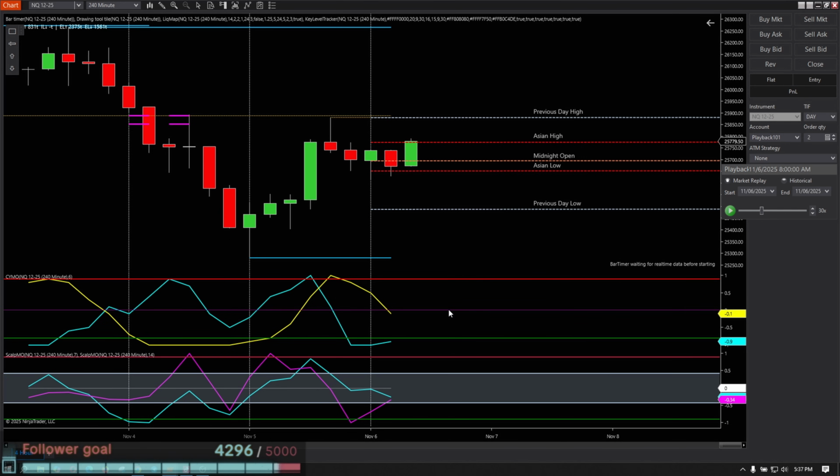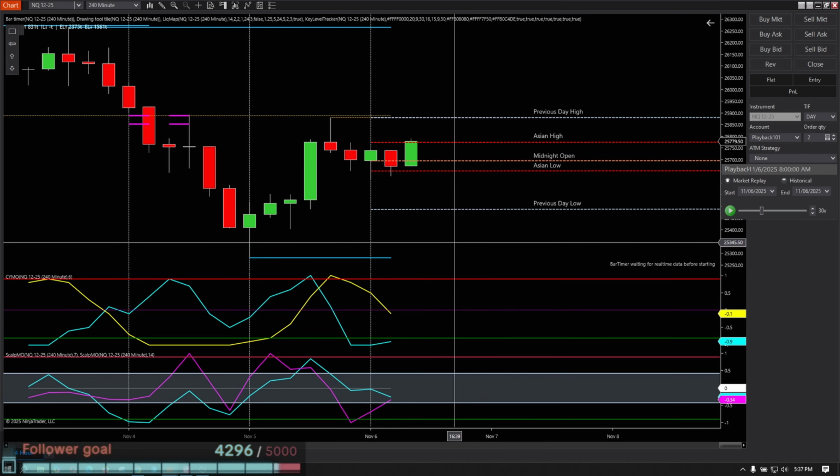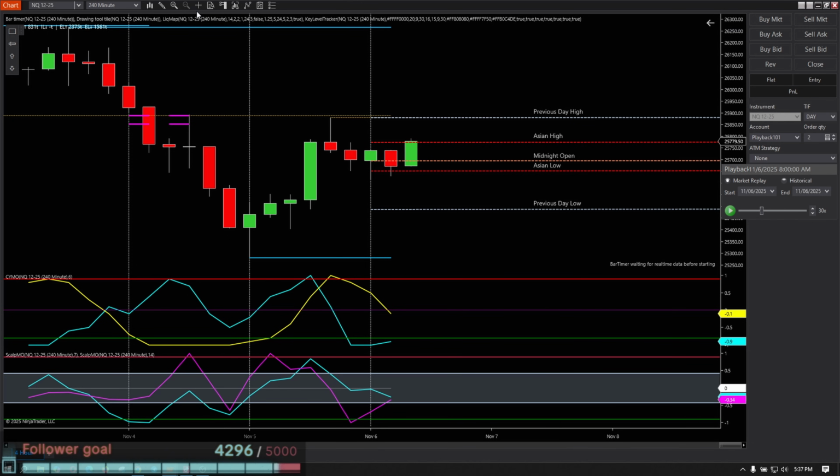This is a 4-hour chart, so it's not going to click over until 12 noon. But everything I'm looking at at 8 a.m. is pointing to a sell-off in the market, at least a bearish bias.